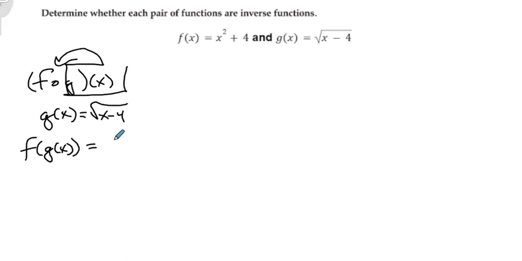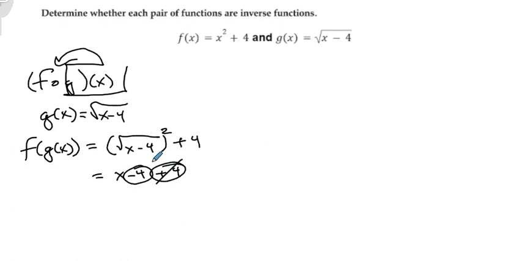So my f is this thing squared plus 4, and we're going to put in my g of x right in there. We got x minus 4 under the radical sign squared. Whenever you square a radical, it just becomes whatever's under it. So this turns into x minus 4, and then plus 4. And then these guys cancel, and you get your identity function of y equals x.